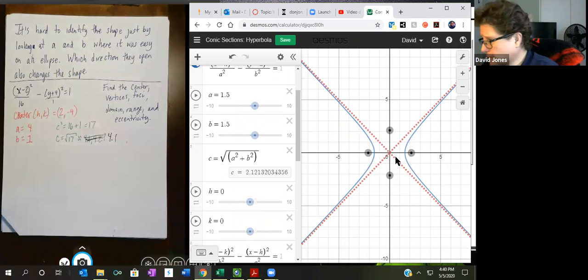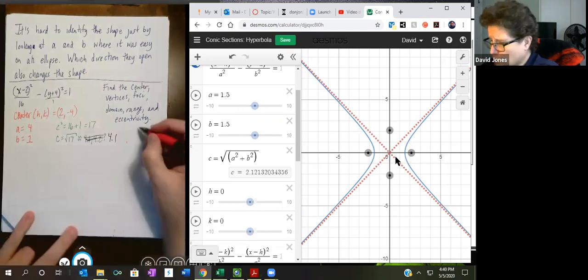Okay, so which way does this open? Up or down, left or right? The term in front, the positive 1, is x, which means it opens in the x direction.